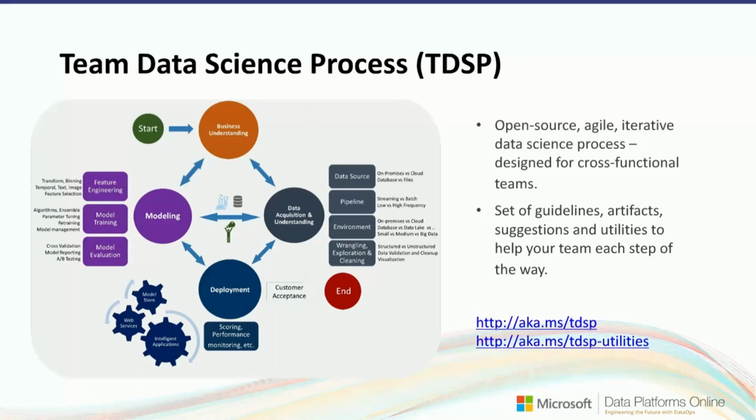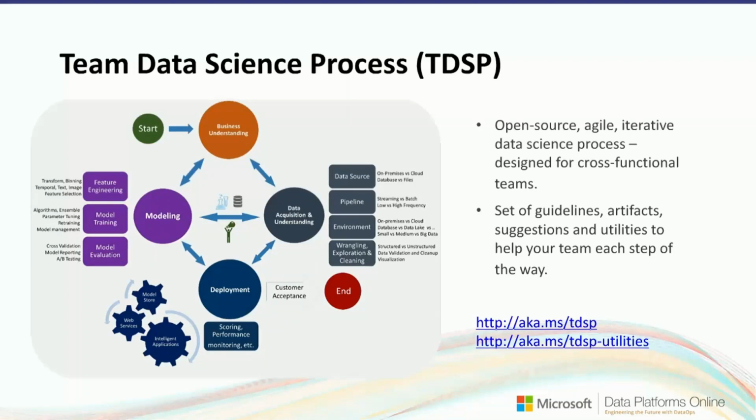Now, there's two links here, aka.ms/TDSP and TDSP-utilities. TDSP is the GitHub page where we publish all of the guidelines that we have, suggestions and so on, really talk about the team data science process. And we want this to be a community endeavor, so if you have suggestions on refining this process, please let us know.